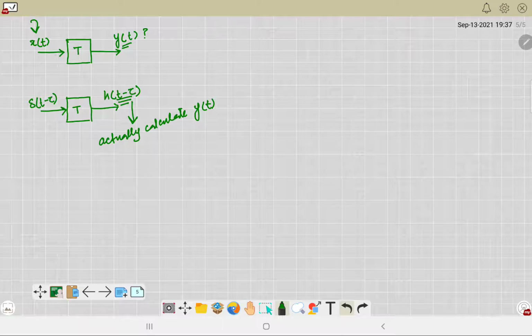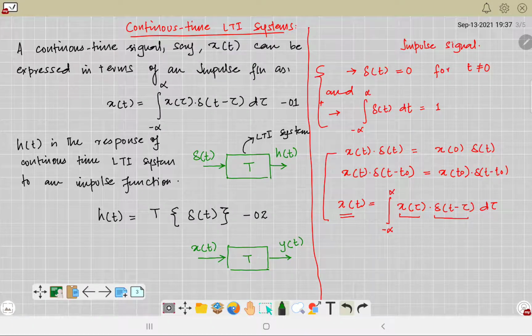So instead of directly feeding this signal to your system and finding the response, you have an alternate method through the convolution integral, wherein you are applying an impulse signal to your system. Now, the impulse signal is defined. You know the properties of your impulse signal. You know that it has to satisfy these two conditions.